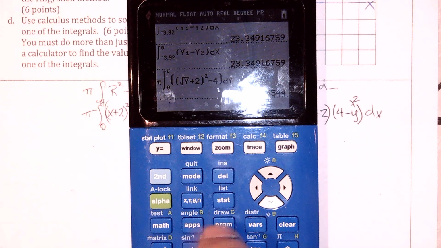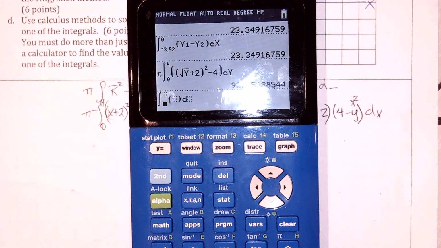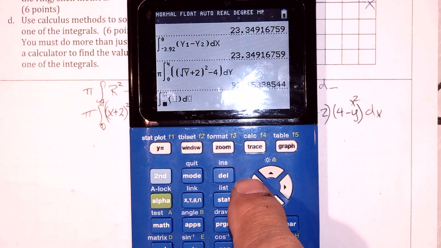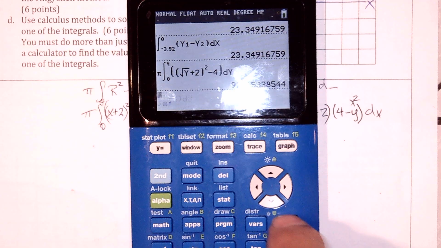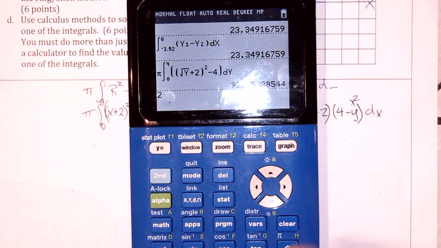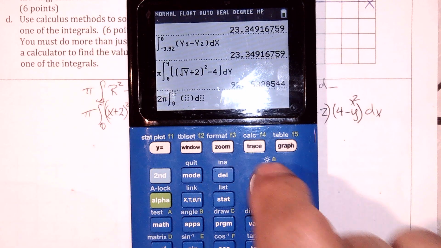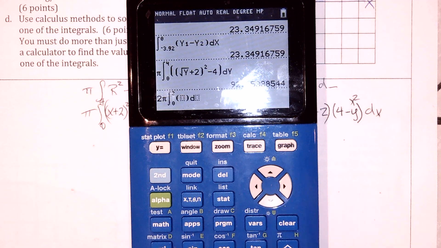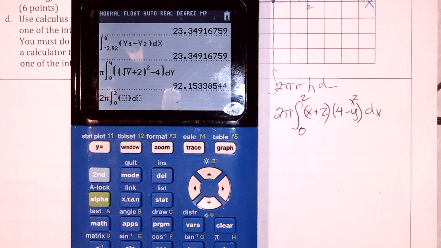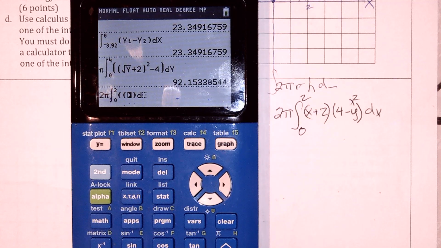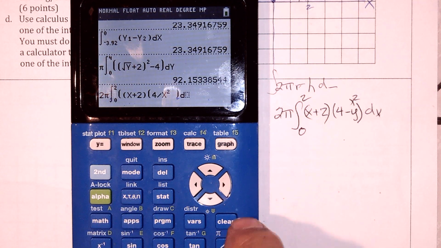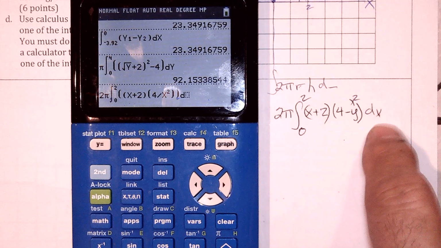So I can type that in. I'm going to go math 9. Oh, and I need a 2 pi in front of this, so let's just start over. 2 pi math number 9, 0 to 2 of my first quantity is x plus 2, parenthesis, x plus 2. My second quantity is 4 minus x squared, close parenthesis, dx.